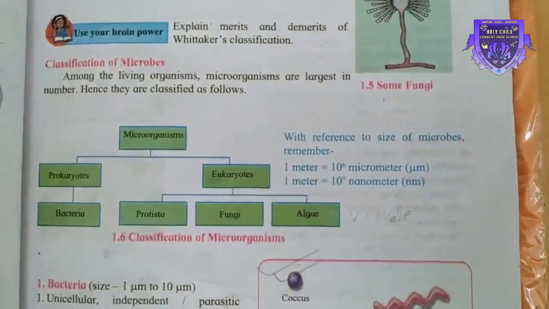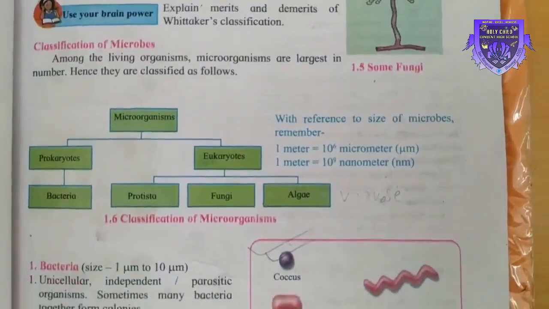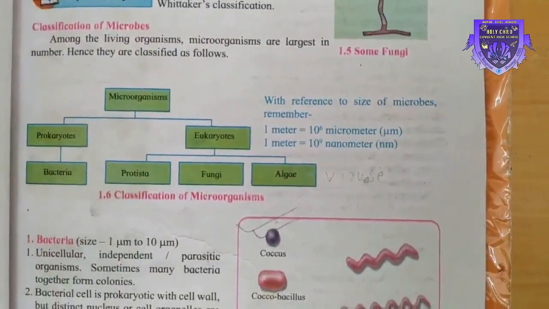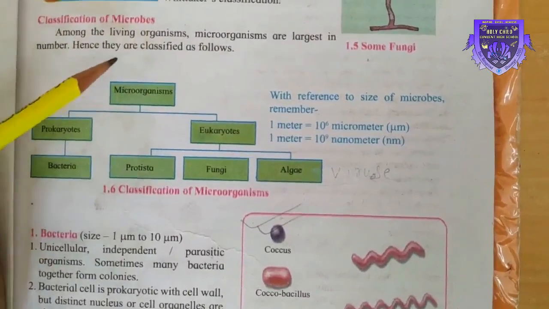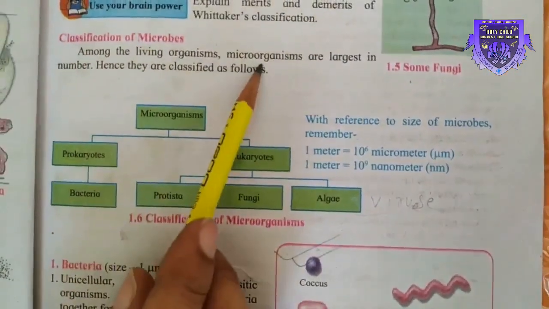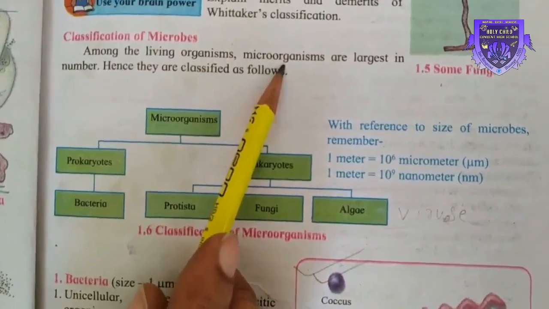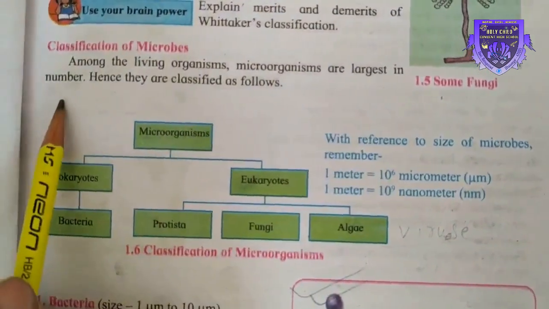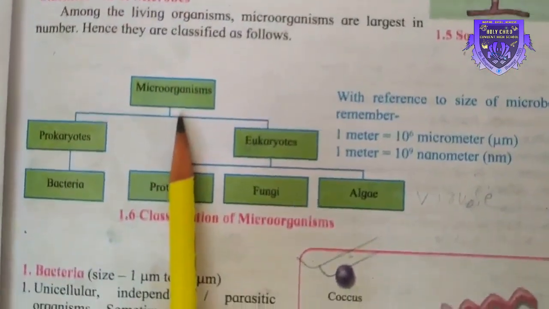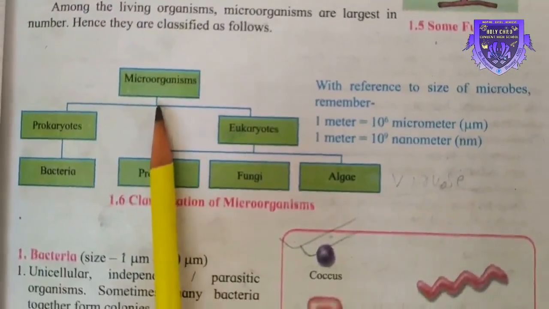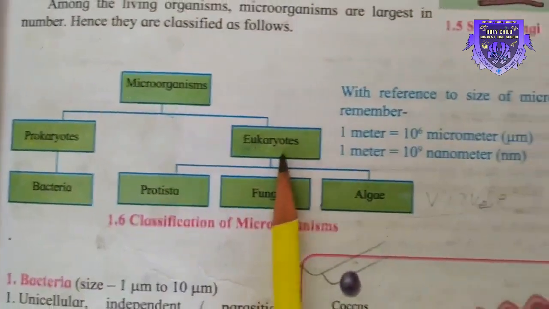After classifying the living organisms, now let us see what microbes are. If we see all the living organisms, though microorganisms are very small in size, they are largest in number. Now let us classify the microorganisms. Microorganisms can be prokaryotic and eukaryotic.